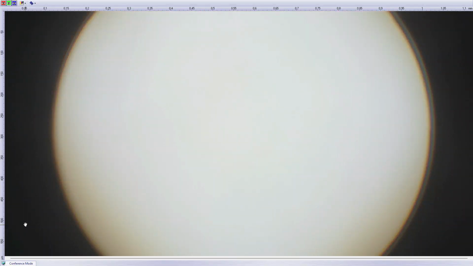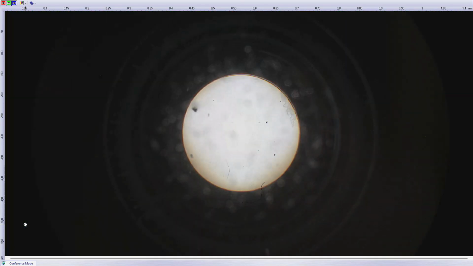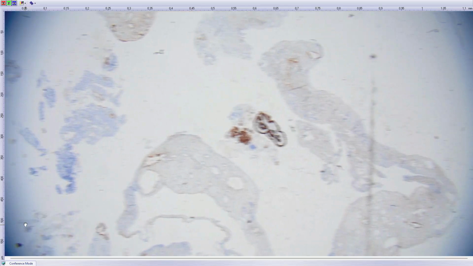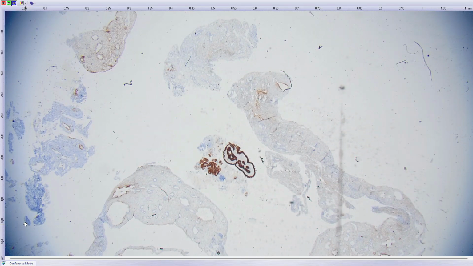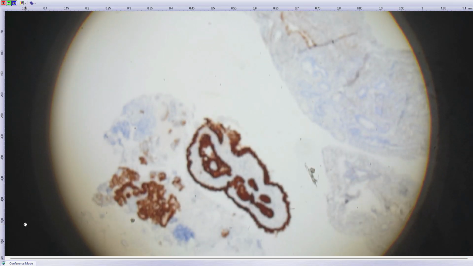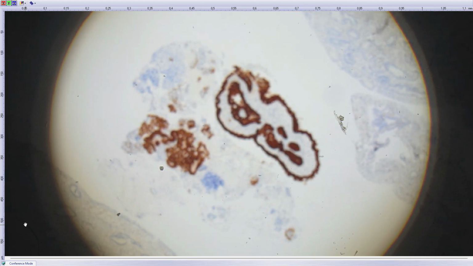And if you are not sure which type is it, you can, for example, use besides morphology, also P16. Here it is diffusely positive in P16.